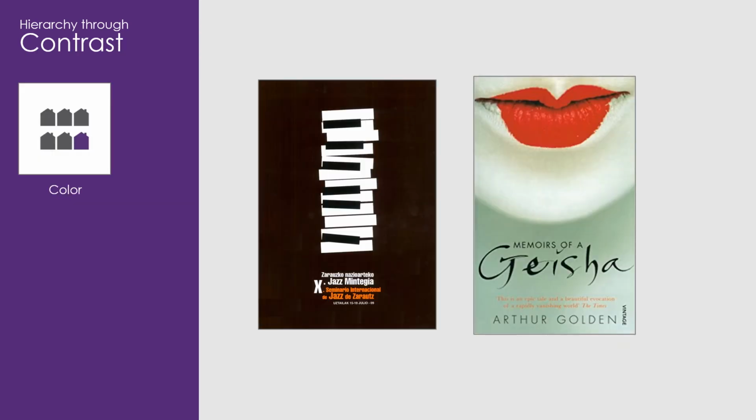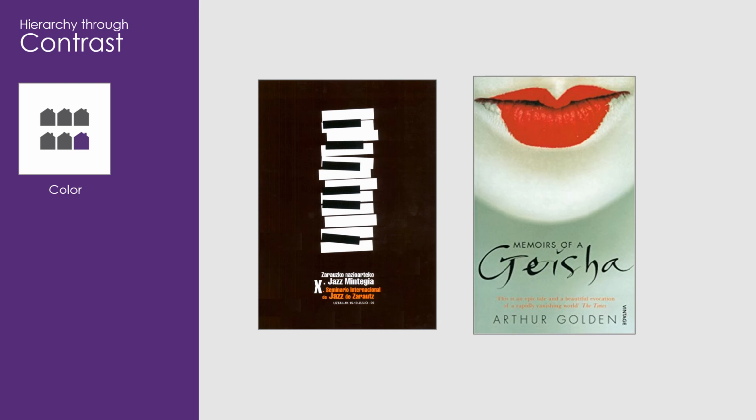The next one is contrast of color. So hierarchy through contrast. Color is one way to create contrast. So again, the thing that is the most colorful or the thing that is colored in the example on the left with the jazz concert, right?